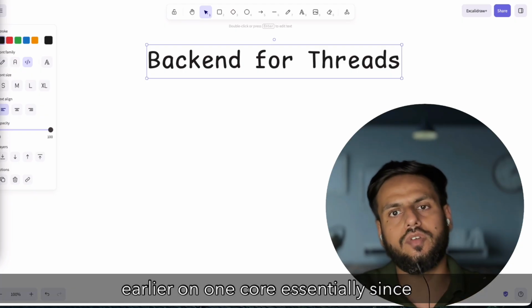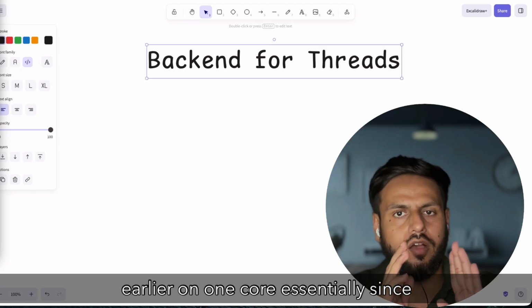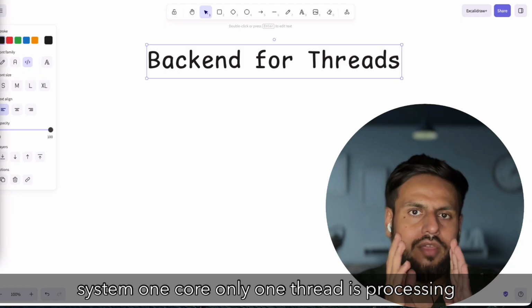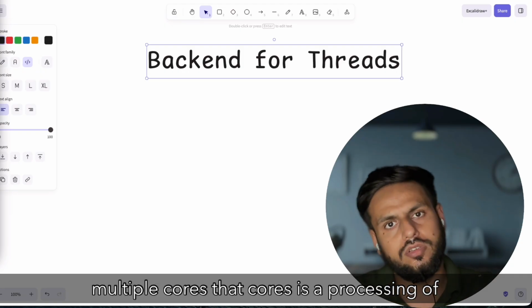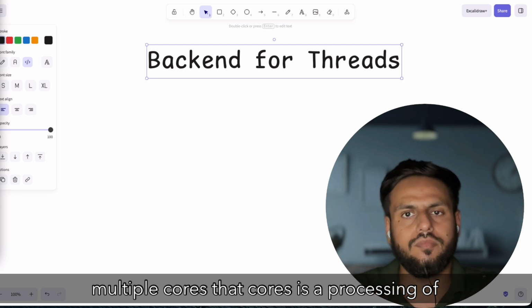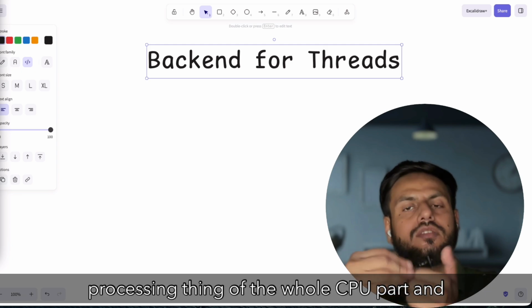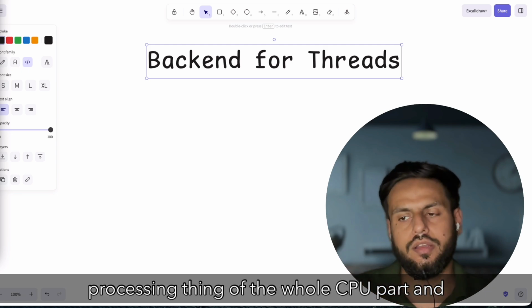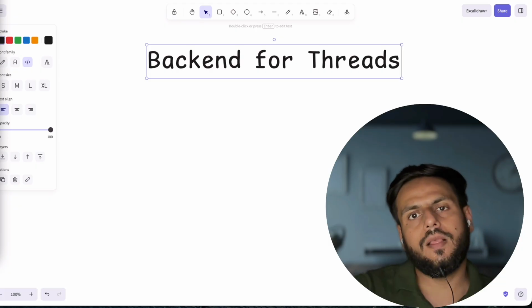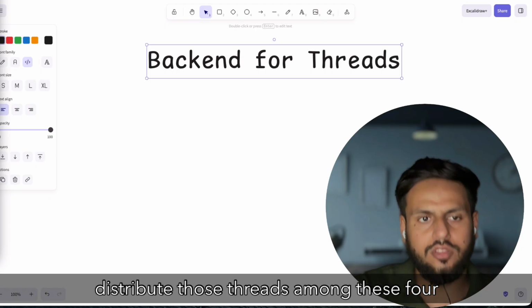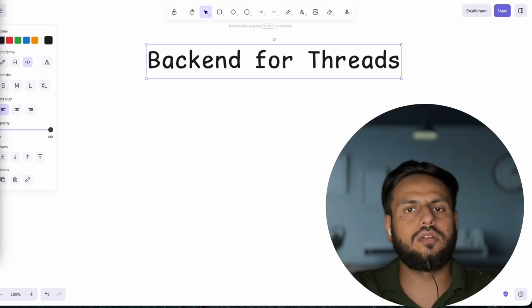Earlier, on one core, only one thread was processed at a time. But if I have multiple cores, the cores are the main processing part of the whole CPU, and the CPU in a multi-core system will distribute those threads among, say, four cores.